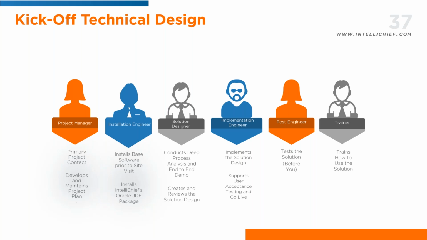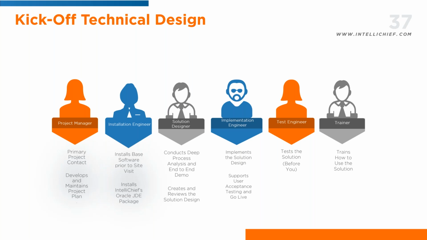Then we give that to an implementation engineer who says, okay, I've got to implement what's in this, and if I do that, it's going to meet the requirements of our customer. Then a test engineer tests it in a conference room pilot, a CRP, and says, okay, give me your top hardest vendors, put them through, here's pass or fail, and shows that it works before you have to start testing.